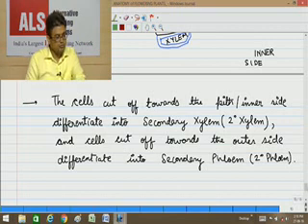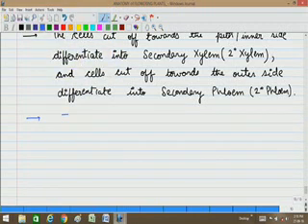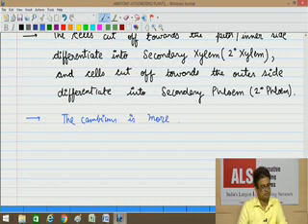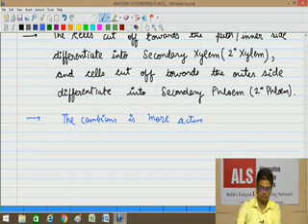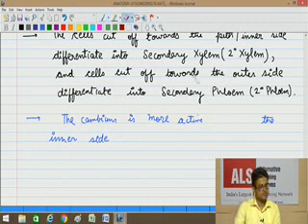Okay. Now you must write the cambium is more active towards the inner side.